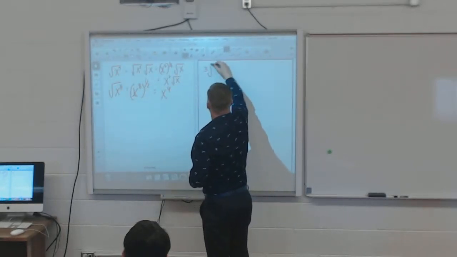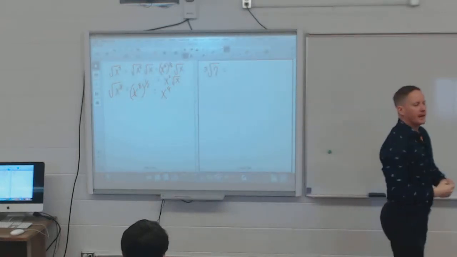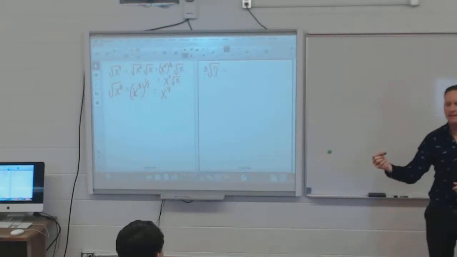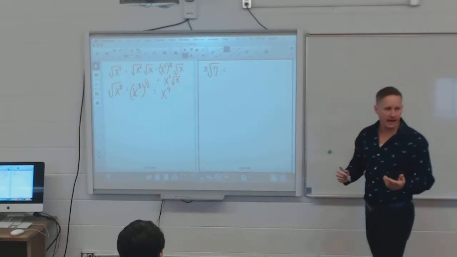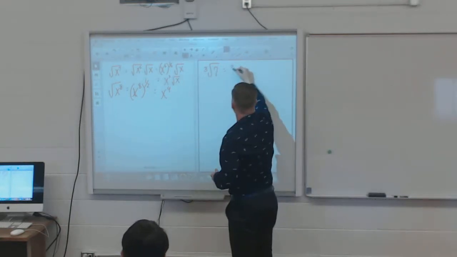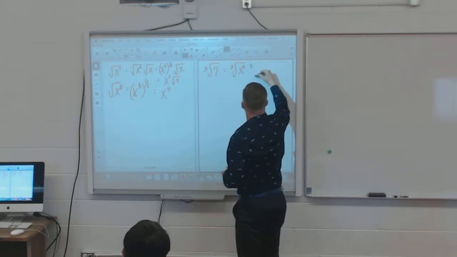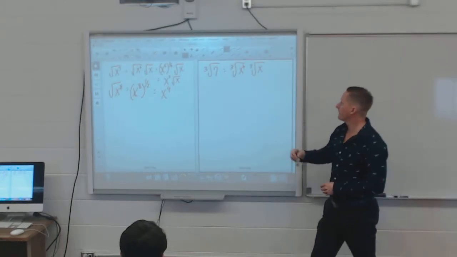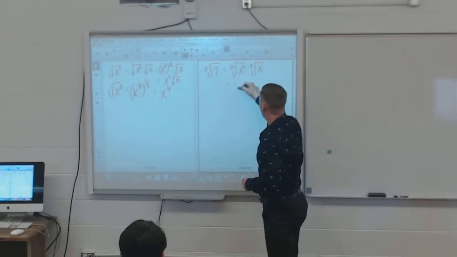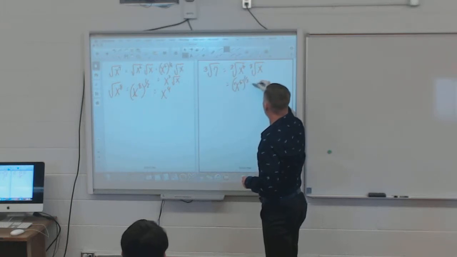So if I have the cube root of x to the 7, what is the largest number that 3 divides into that's less than 7? 6 again, right? So I get cube root x to the 6th times cube root x, which is x to the 6th to the 1/3 now, cube root x.